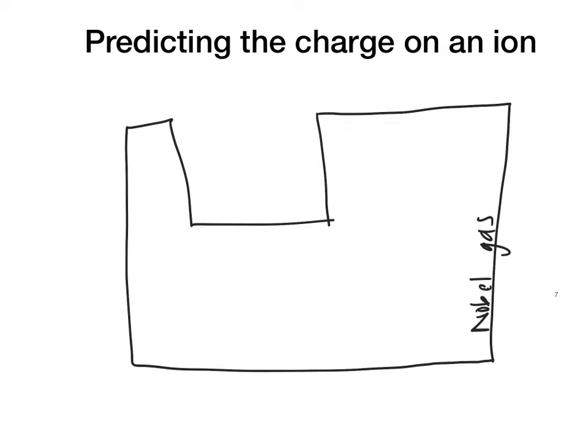Elements in this first column want to be +1. Here, they prefer to be +2. We have +3. We're going to skip our noble gases over here. And then we have -1, -2, -3. Here you could have +4 or -4.